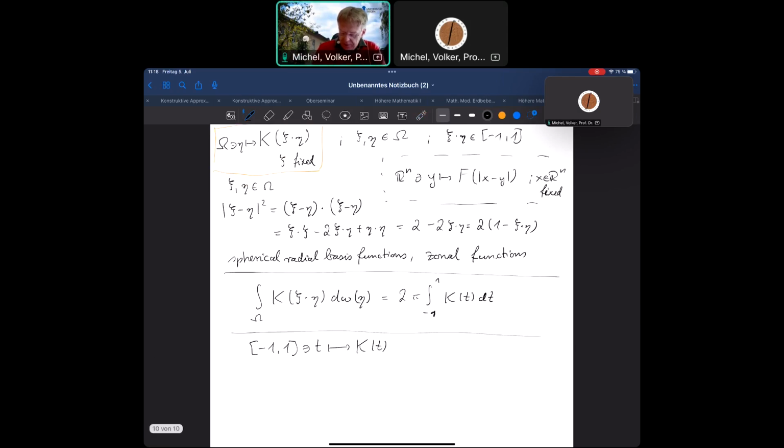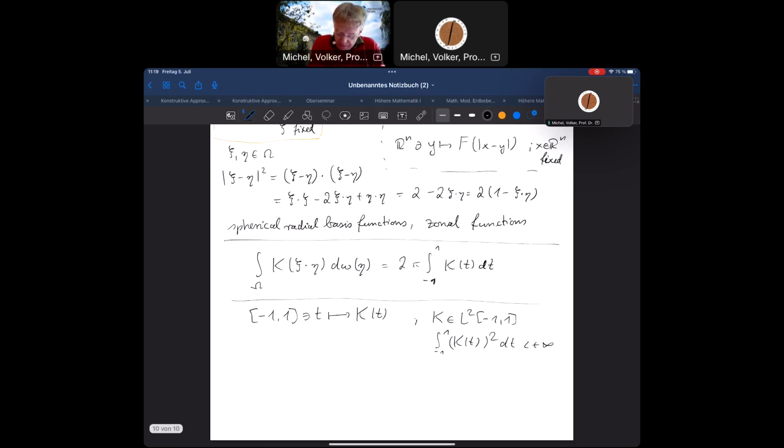Now, if I assume that the k is a square integrable function, if you don't know what this is, it simply means that this integral is finite. It actually means a bit more mathematically speaking. You have to build some equivalence classes of almost everywhere identical functions, but that's not important here.